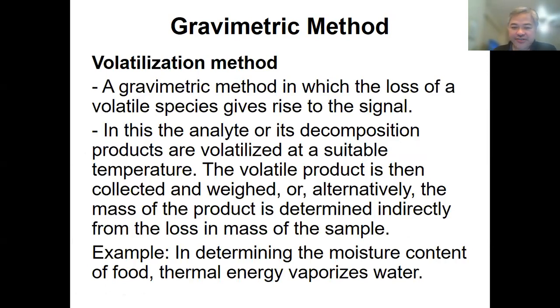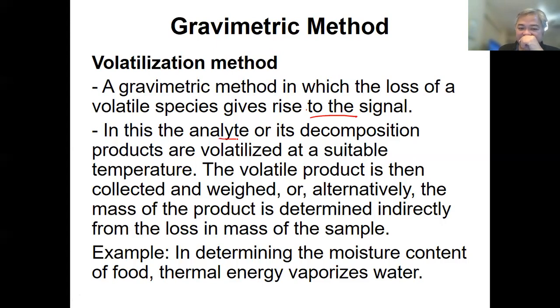Now, gravimetric also has this so-called volatilization method. So here, inaano lang yung mga na-volatilize, and any loss on that can be related to the analyte that you're looking for. So a gravimetric method in which the loss of a volatile species gives rise to the signal.